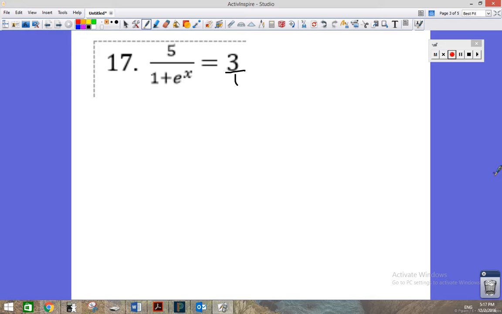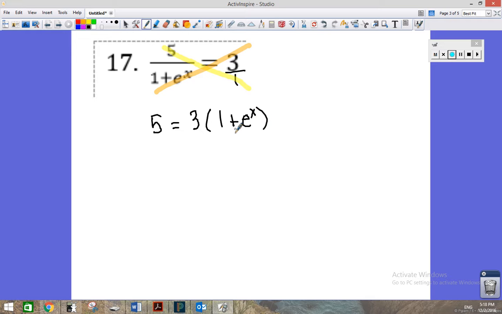One technique to solve proportions is to cross multiply. If I multiply along this diagonal, I just have 5 times 1, which is 5. If I multiply along this diagonal, I have 3 times that binomial. So now I have an equation that's not a fraction, so it is less complicated.